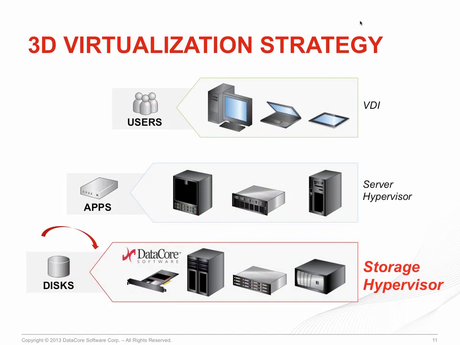Then if we go down one layer, we talk about server hypervisors. And again, we see the same competitors, such as Microsoft, VMware, Citrix, and Oracle now. So there are two layers. When you think about VMware and Citrix and Microsoft, you think about software.